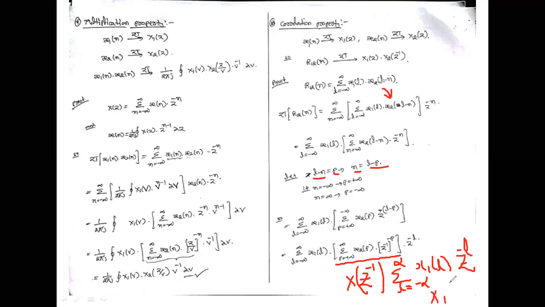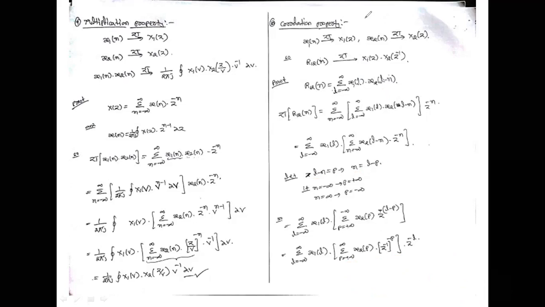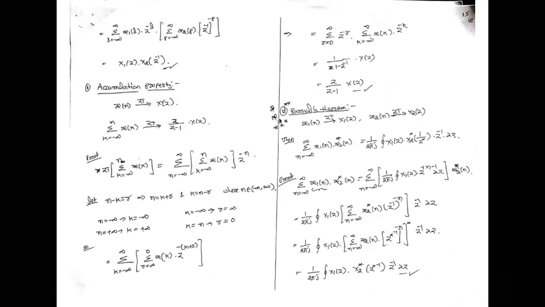So x1 of Z and x2 of Z inverse. Okay, the convolution property says... what it matters, students? The next property. So here the x1 of Z and x2 of Z inverse.